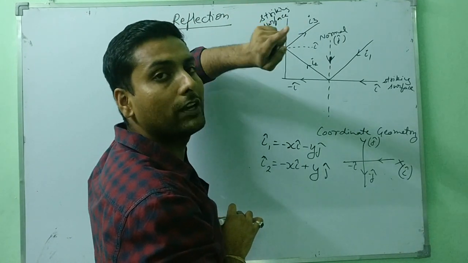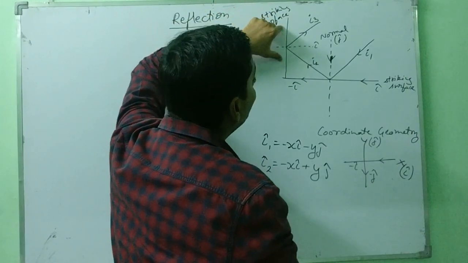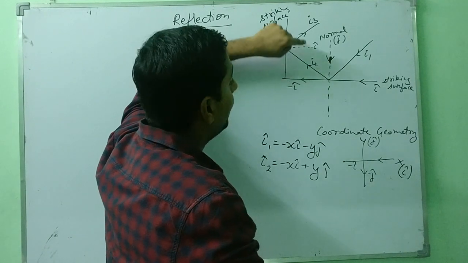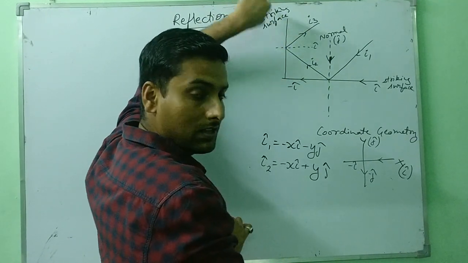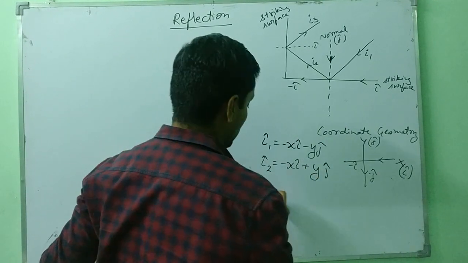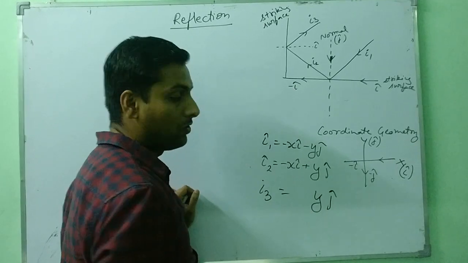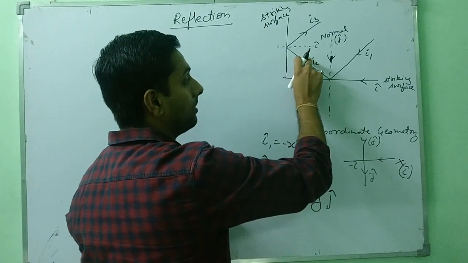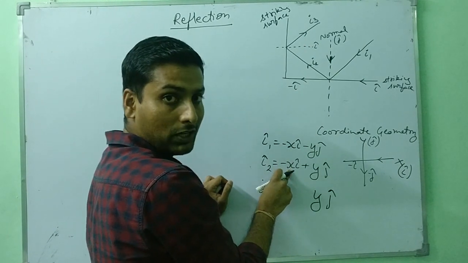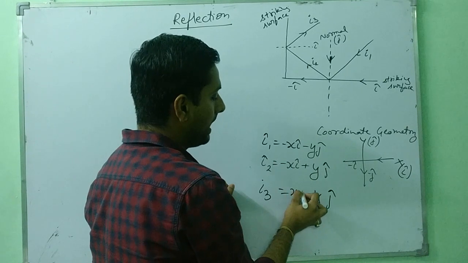Parallel or perpendicular is decided by the striking surface. So the parallel component is the one along the y-axis, and for I2 it is plus y, so I3 will remain plus y, while the perpendicular becomes the x component, and the perpendicular reverses its direction, so it becomes plus x i cap.